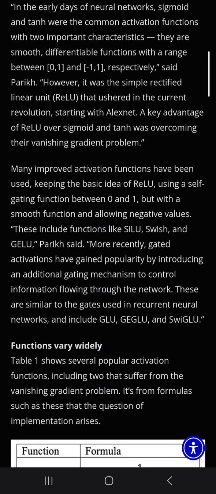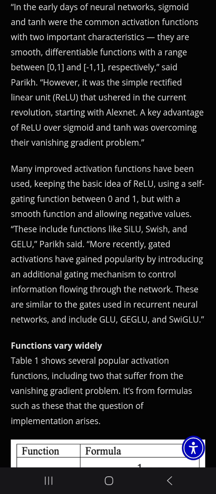Many improved activation functions have been used, keeping the basic idea of ReLU, using a self-gating function between 0 and 1, but with a smooth function and allowing negative values. These include functions like SiLU, Swish, and GELU, Parikh said.